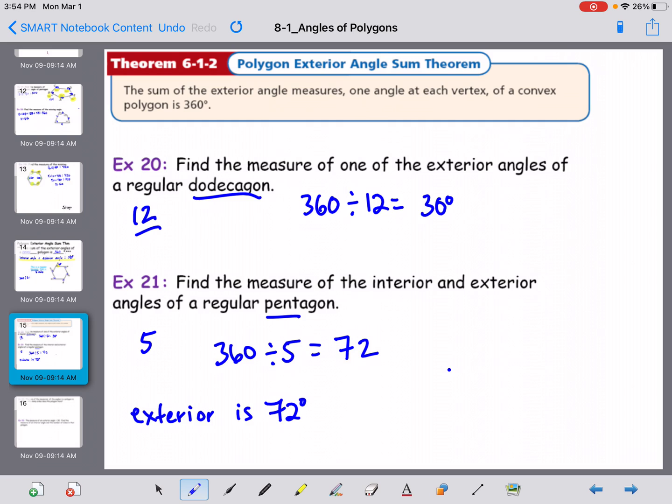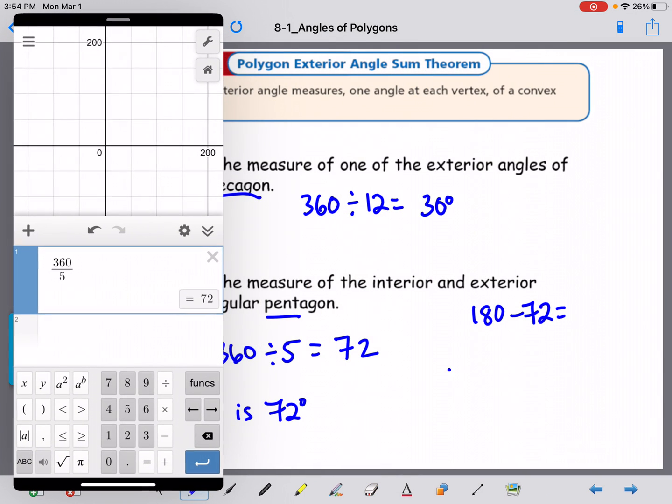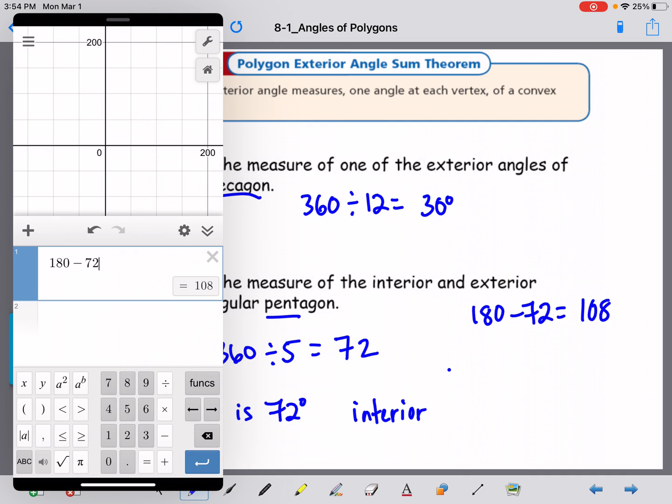So the interior plus the exterior equals 180. So I'm going to say 180 minus 72, and that answer will tell me what that interior angle is. So 180 minus 72 is 108. So the interior angles of a regular pentagon are each 108 degrees.